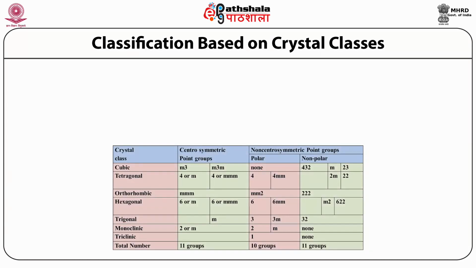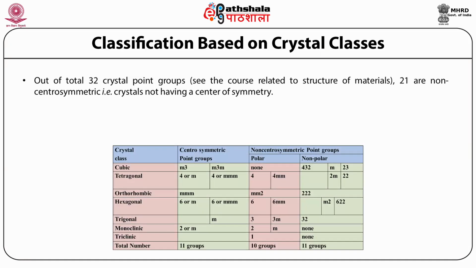Classification based on crystal classes. Out of a total of 32 crystal point groups, 21 are non-centrosymmetric. Students, all these groups are tabulated in this table. So 21 are non-centrosymmetric, that is, crystals not having a center of symmetry.